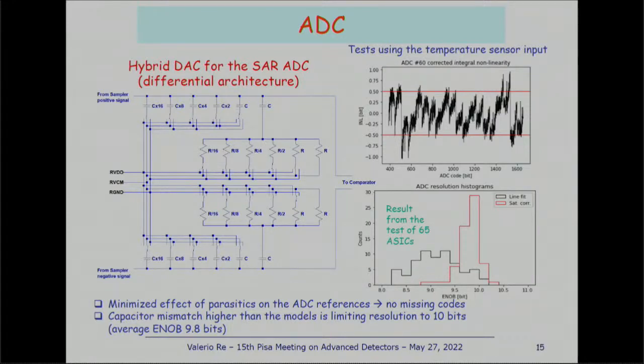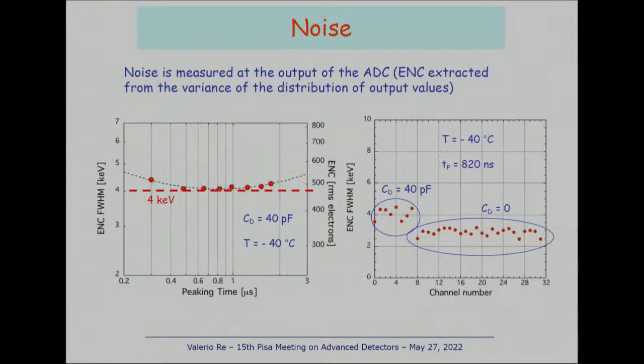So this actually limits resolution to about 10 bits with an average effective number of bits of 9.8, which is anyway adequate for the required resolution for this application. Actually, we could do better than this by performing a calibration of the ADC, but this requires an additional complication in the design that is not strictly necessary.